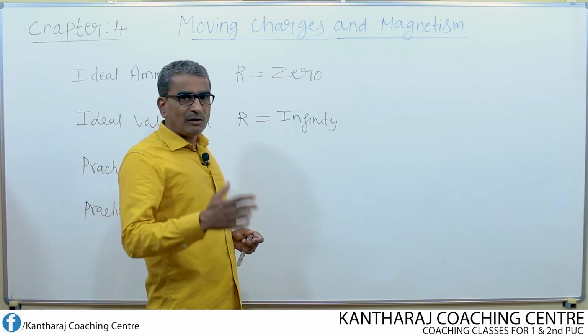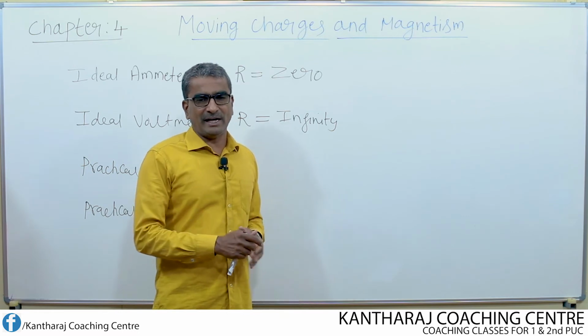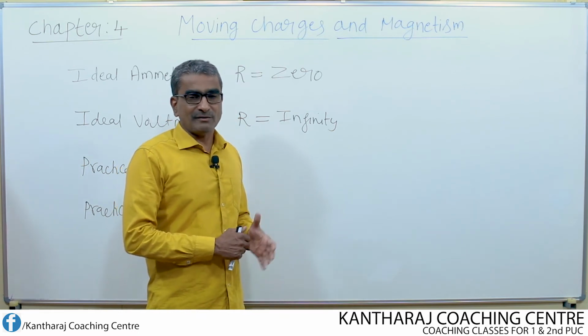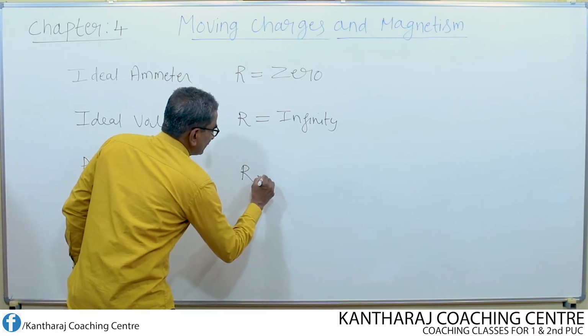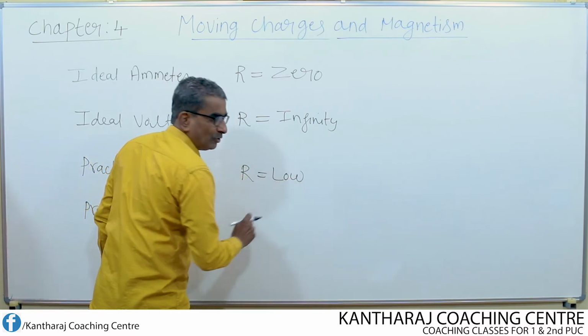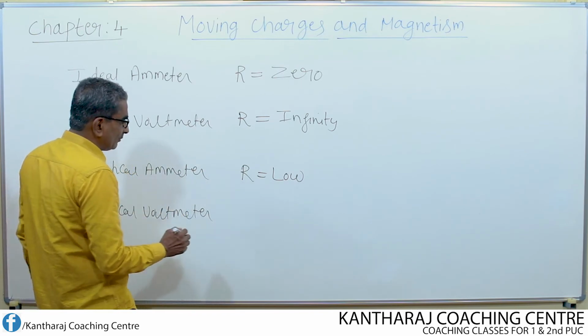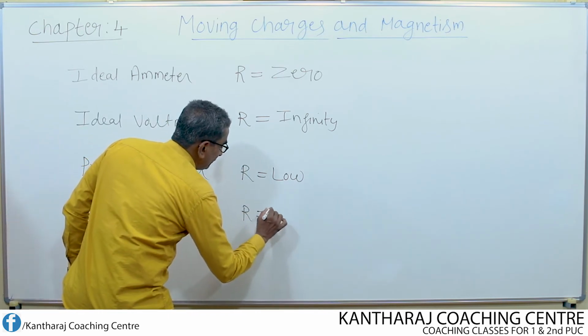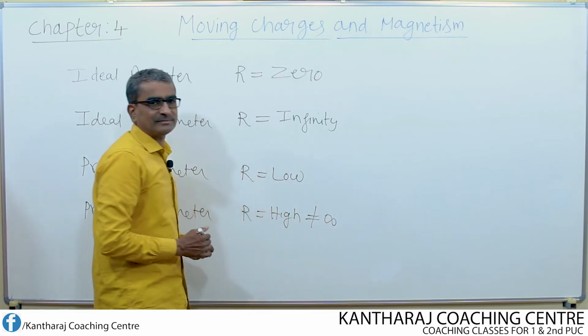Therefore we go for what? The practical one. Practically we make use of ammeters and voltmeters which have low resistance. Resistance should be low for a practical ammeter, whereas for a practical voltmeter resistance should be high, not infinity, just high.